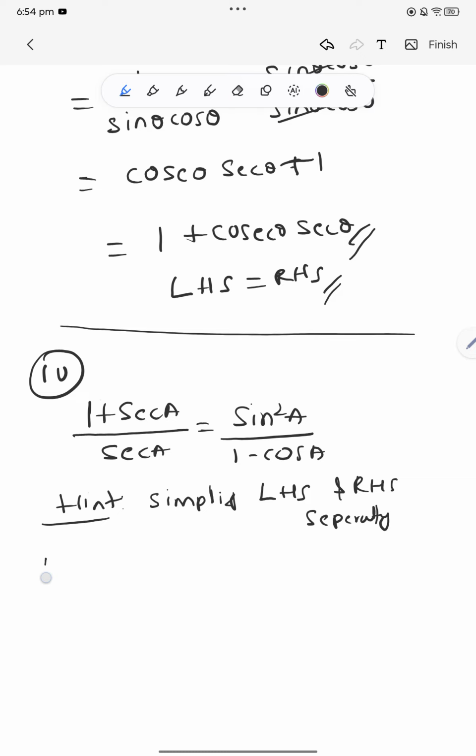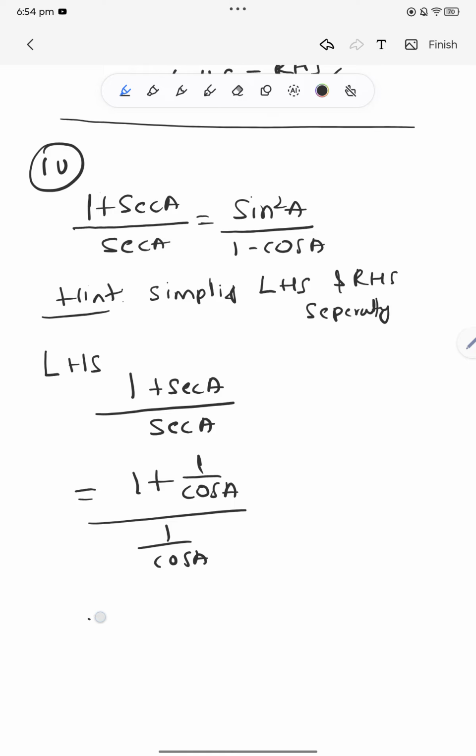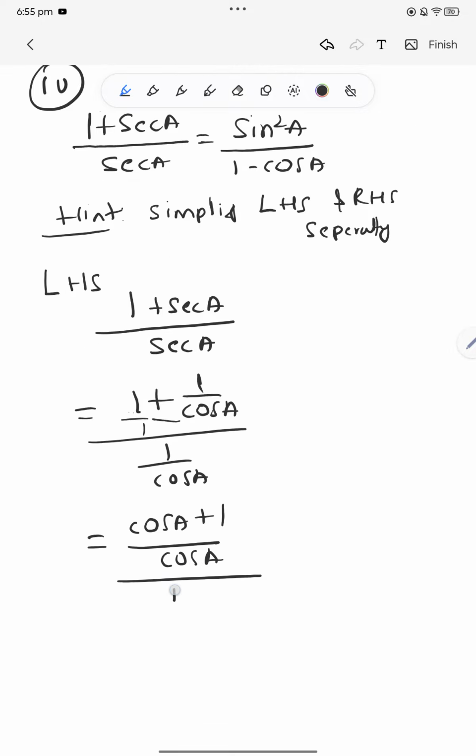Let us take the LHS first. What is the LHS? (1 plus secant A) divided by secant A. So 1 by secant A is what? (1 plus 1 by cos A) divided by 1 by cos A. That becomes (cos A plus 1) by cos A, divided by 1 by cos A. If you simplify, the first one stays as it is, cos A plus 1 divided by cos A, multiplied by the reciprocal, cos A by 1.